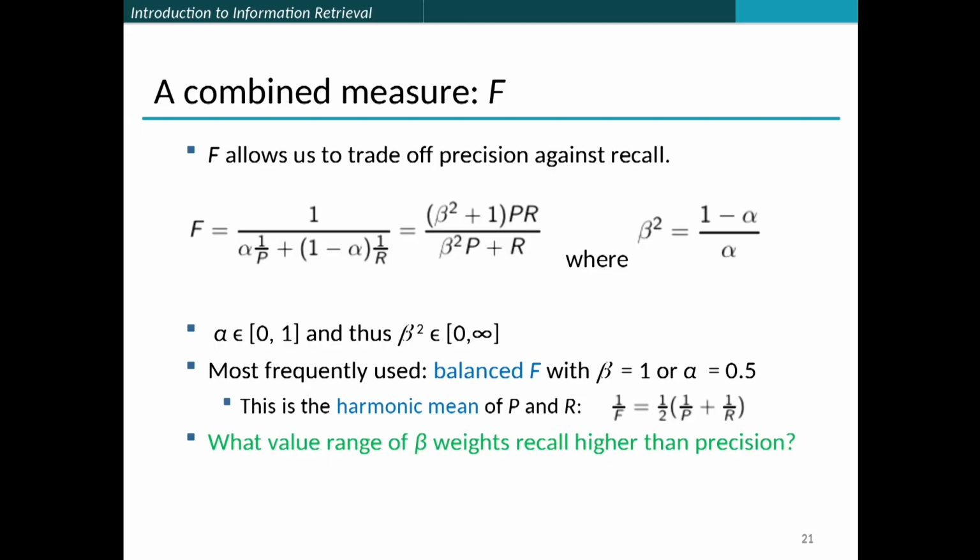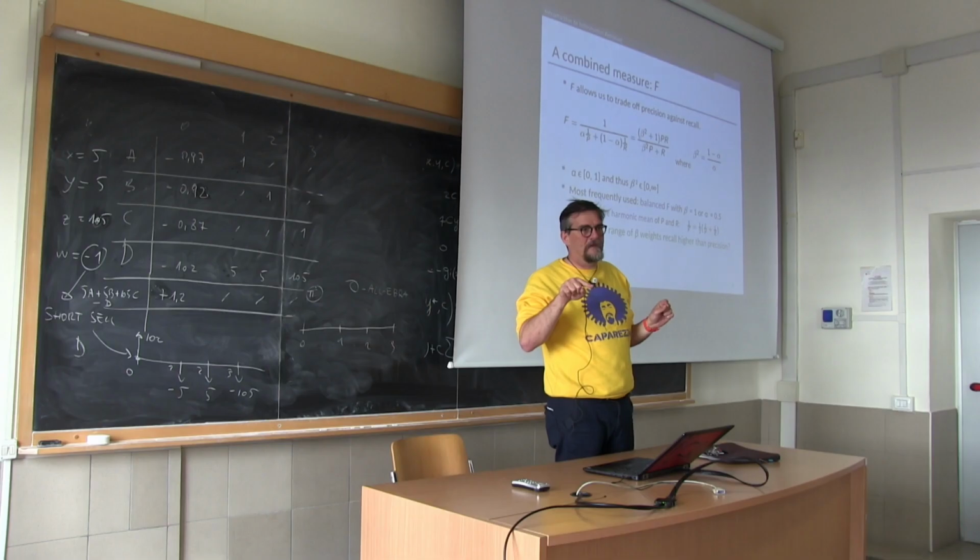Okay, since now we have understood that there is a trade-off between precision and recall, the question is, how can I evaluate, how can I measure the trade-off between those two metrics? And this is the concept of a combined measure named F. Okay, let's see the definition. Now focus here. Here you have this alpha parameter, okay?